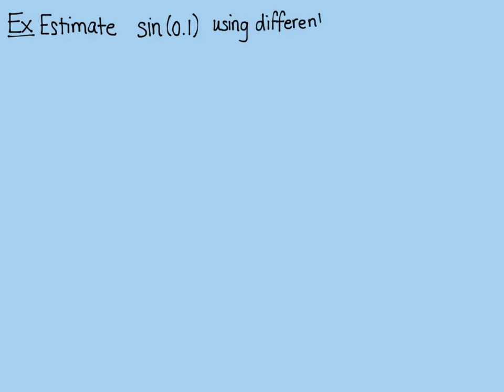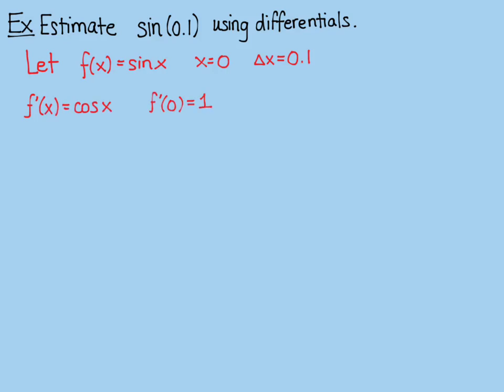Let's try to estimate sine of 0.1 using differentials. Let f(x) be sin x. x is going to be 0. Notice that we know how to compute f(0) without a calculator. The difference between our input 0 and the actual value that we want to input is 0.1, so Δx is going to be 0.1. Now we want to compute f'(x), which we know is cos x. So f'(0), or cosine of 0, is 1.